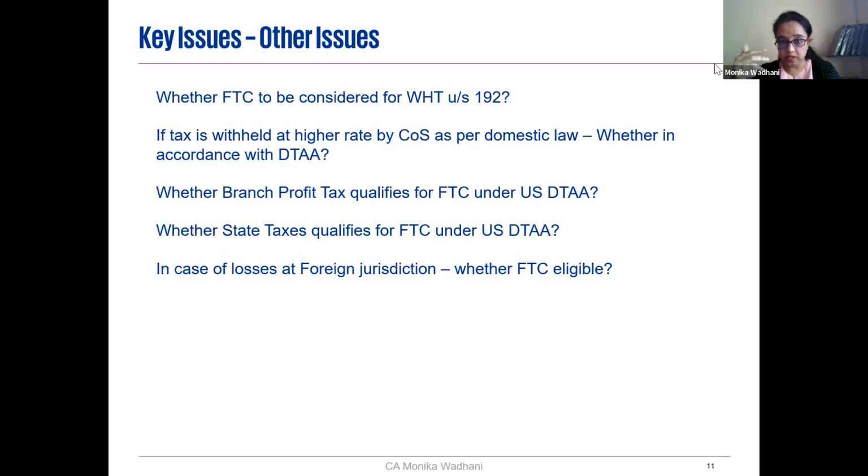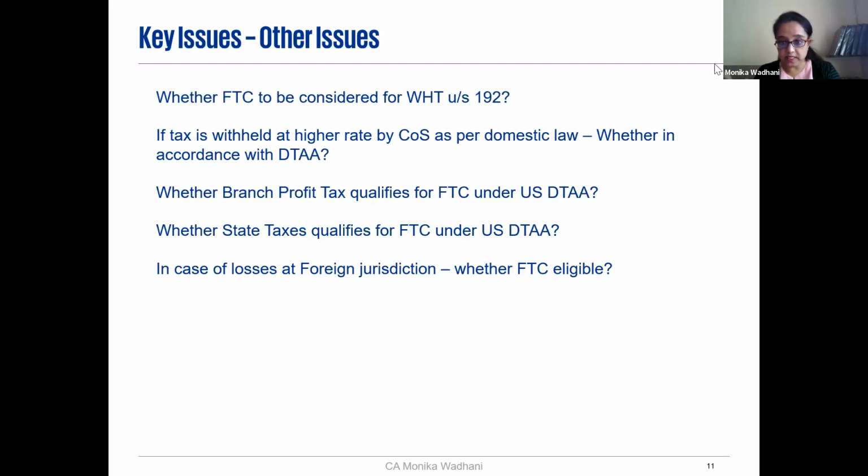So there are two things. When we read the article on elimination of double taxation in the model convention or in a particular treaty, the first line goes that income should be taxed in accordance with the provisions of the treaty. So first you have to see whether income is taxed in accordance with the respective article of the treaty. Thereafter, when we come to the credit mechanism, then you have to see whether full credit or the lower credit as per the domestic law is to be seen.